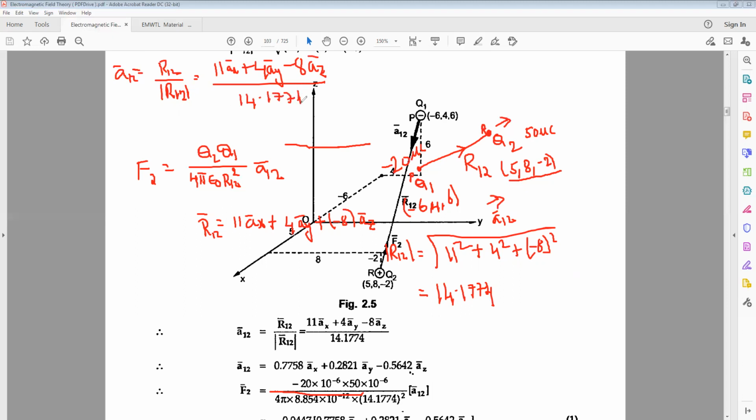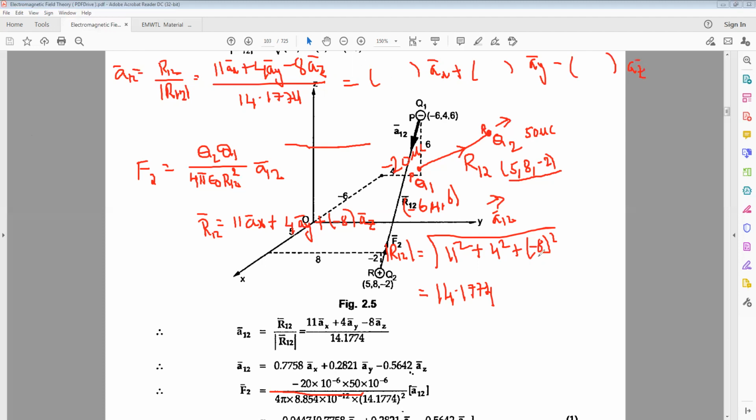That is 14.1774. So simplify this and you can write it as 11 by 14.1774 AX bar plus 4 by 14.1774 AY bar and minus 8 by 14.1774 AZ bar. That is the A12 bar.